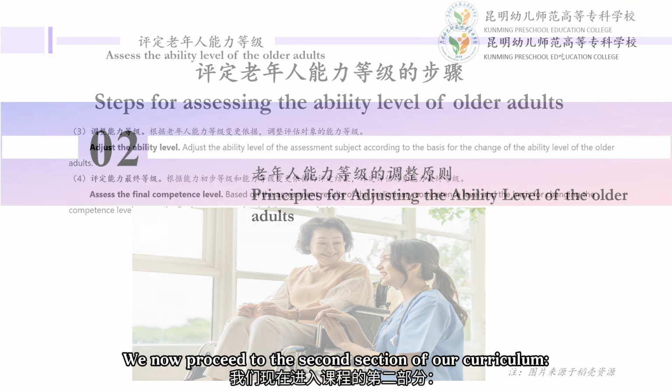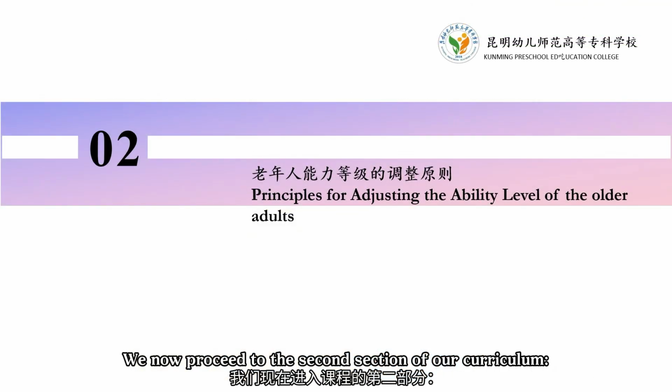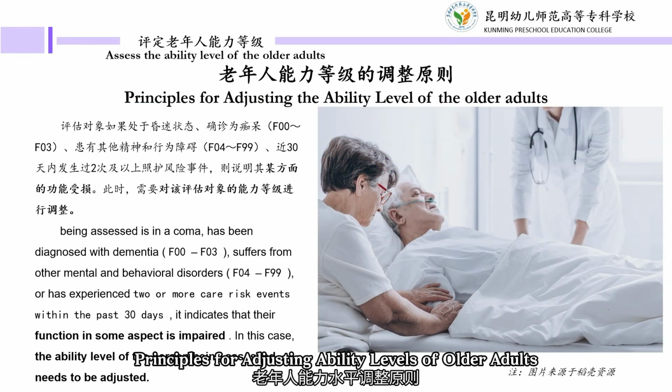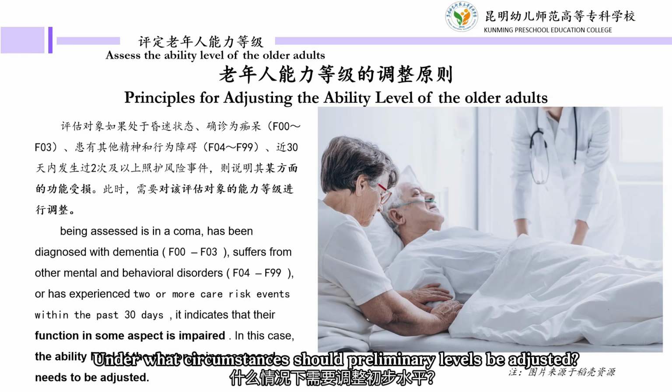We now proceed to the second section of our curriculum: principles for adjusting ability levels of older adults. Under what circumstances should preliminary levels be adjusted?